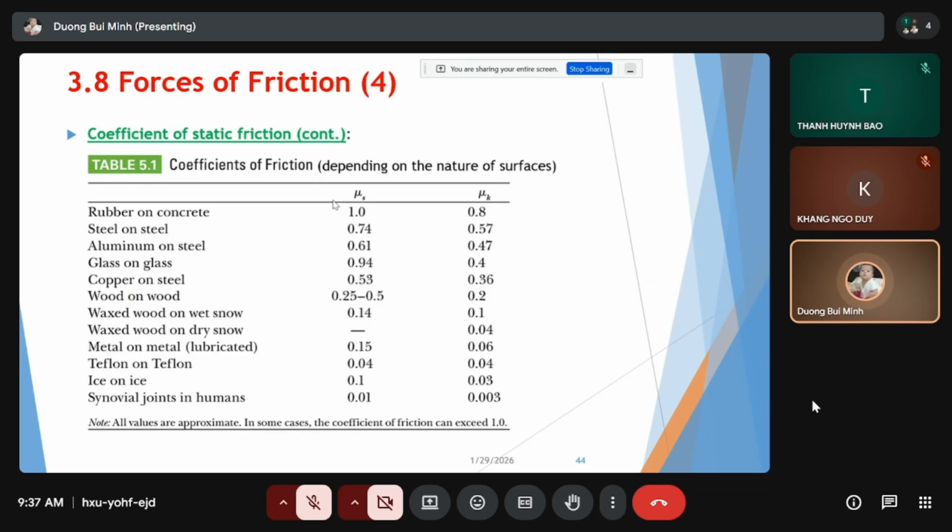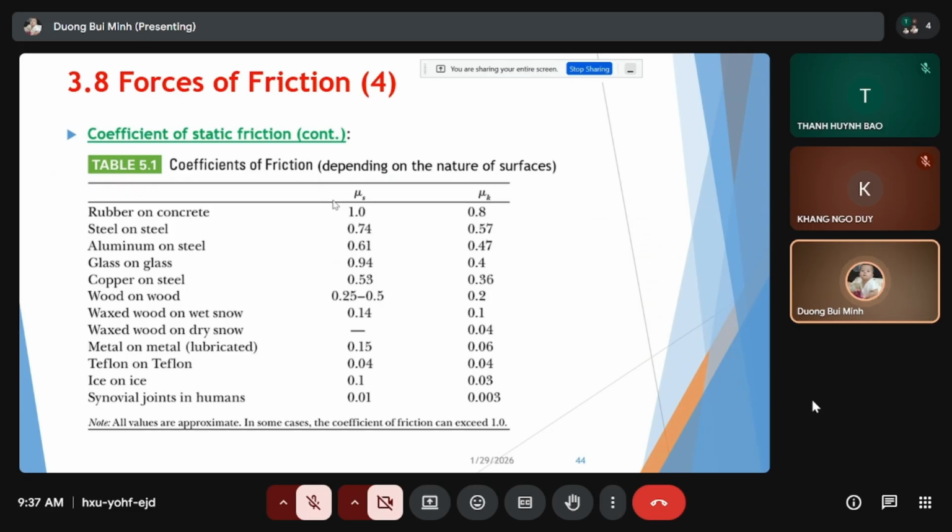It depends on the materials of the surface. We can determine mu s; here we have the coefficient of friction. We have different materials, in such a way that we can determine mu s and mu k.